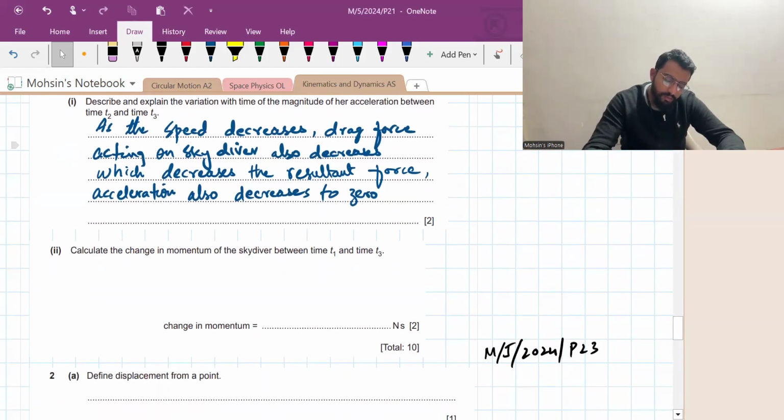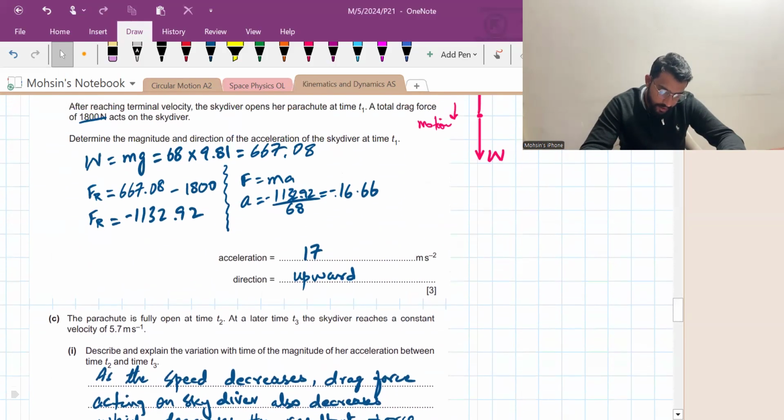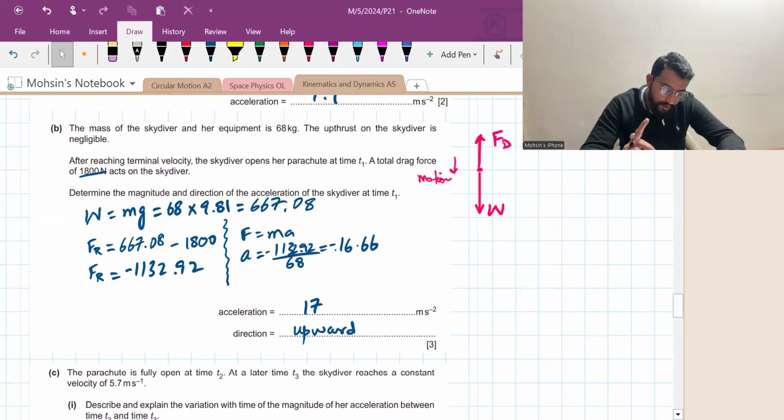Calculate the change in momentum of the skydiver between time 1 and time 3. Okay, at time 1, after reaching terminal velocity, the skydiver opens her parachute. So when the parachute is opened, at that particular instant, the speed was 39 meters per second.